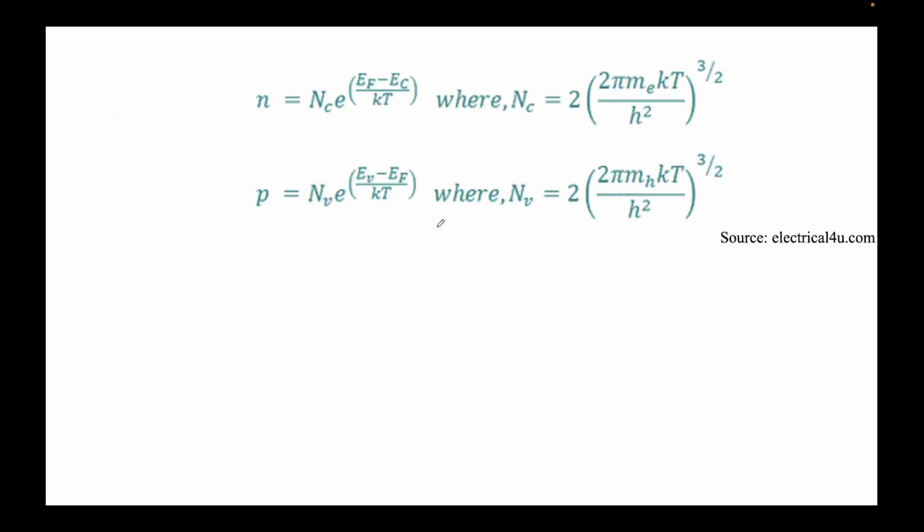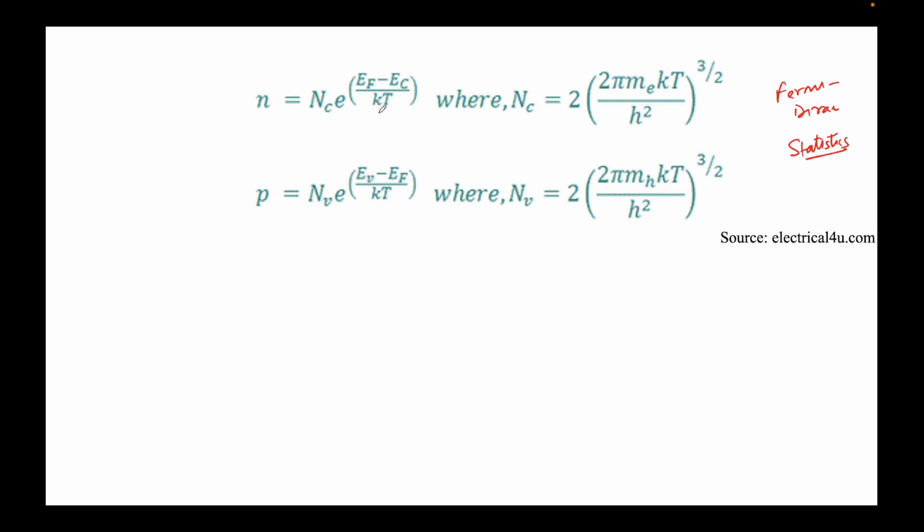Now these are the typical expressions which you encounter. N is your electron concentration in conduction band, and this is the expression for that. Similarly, for holes in valence band, this is the expression, and these expressions have been obtained using Fermi Dirac statistics. I'll provide a reference in the last slide, and you can refer to it for more details.